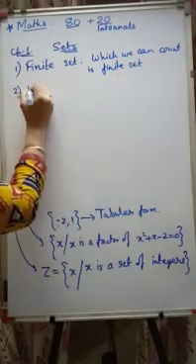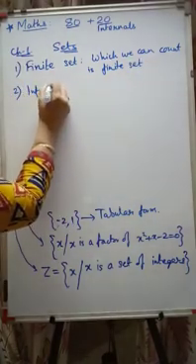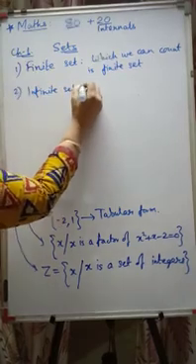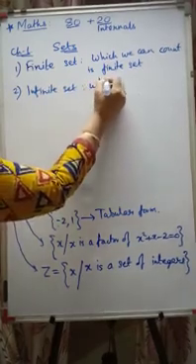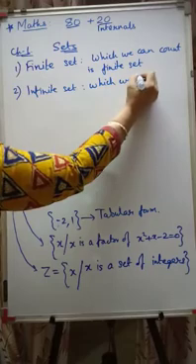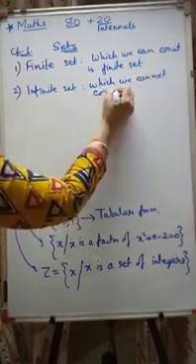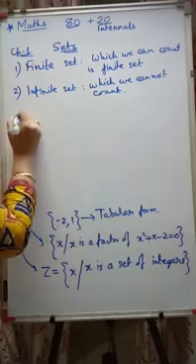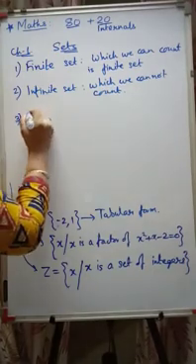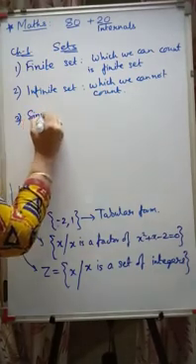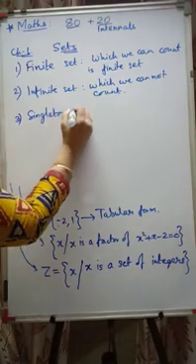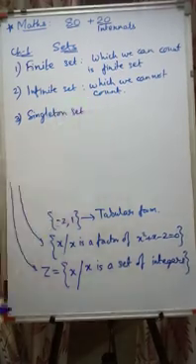Second, infinite set, which we cannot count. Third, singleton set. What do you mean by singleton?